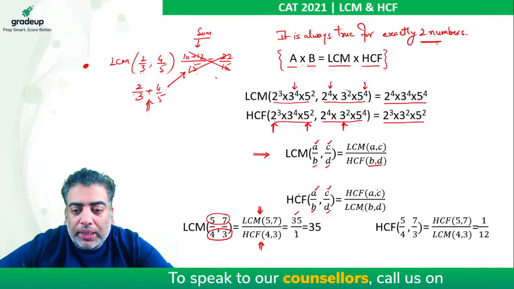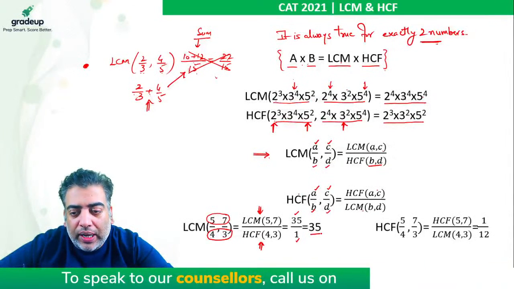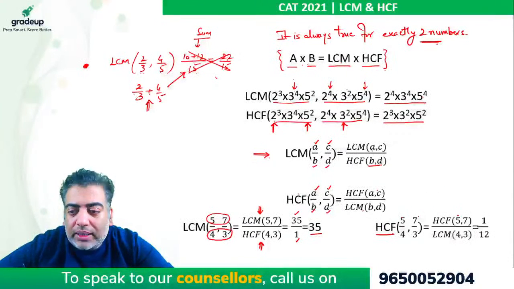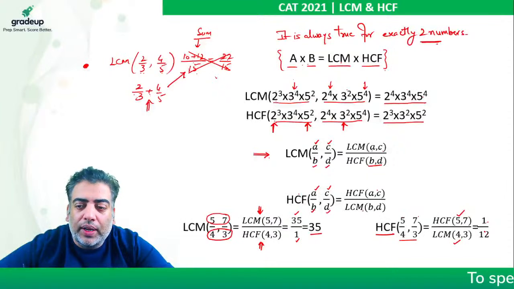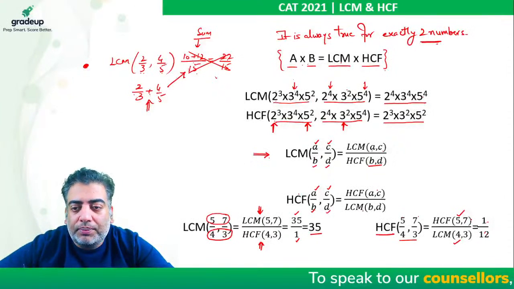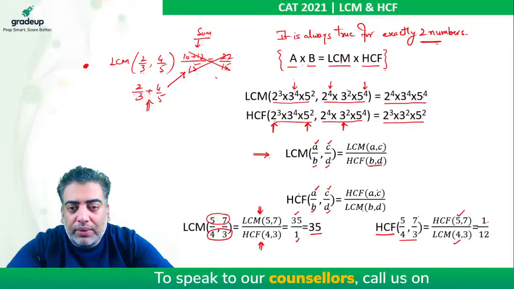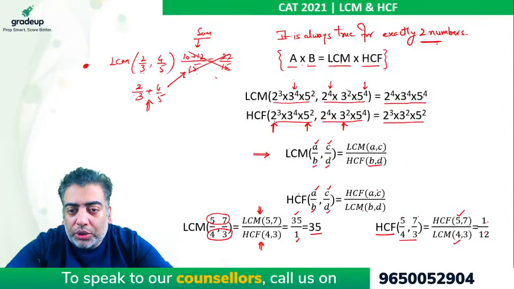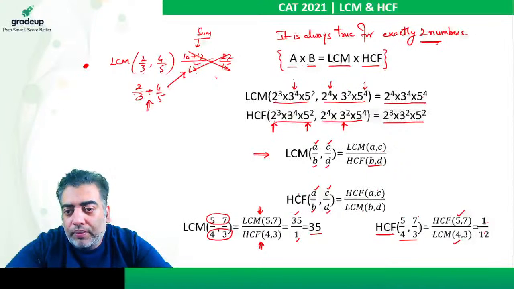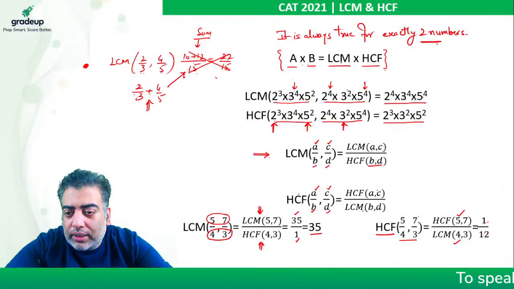So it comes out to be 35 upon 1, which is 35. And if we are required HCF, it will be HCF of 5 and 7 in the numerator and LCM of 4 and 3 in the denominator, which comes out to be 1 by 12. So please keep this method always in your mind. It is very, very important, and we require it in case of ratios, in case of time, speed, distance, to solve many questions. So I hope this is clear.